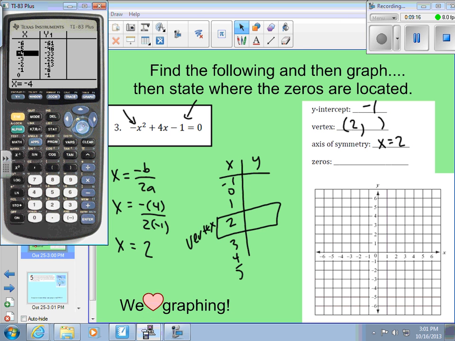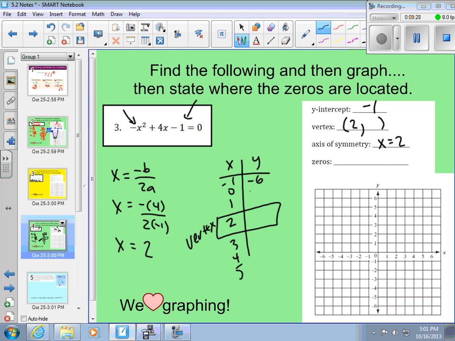If we scroll down a little bit, let's get 2 in the middle. All right, there's some numbers. So filling in our table, we have the numbers -6, -1, 2, 3, and it's symmetrical. So 2, -1, and -6. It should be symmetrical on both sides. These should be the same. Those should be the same, because it's symmetrical.